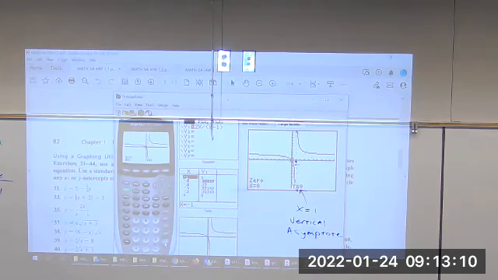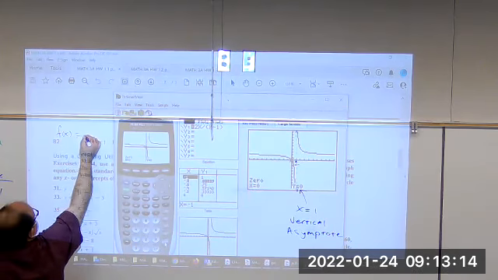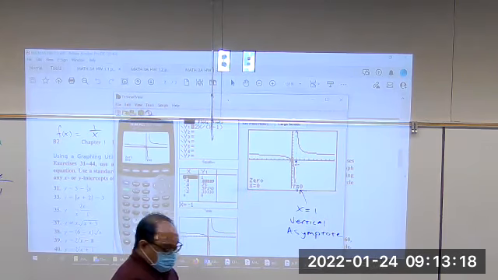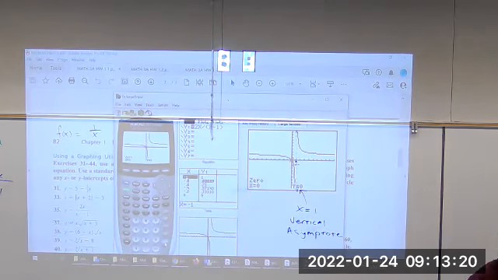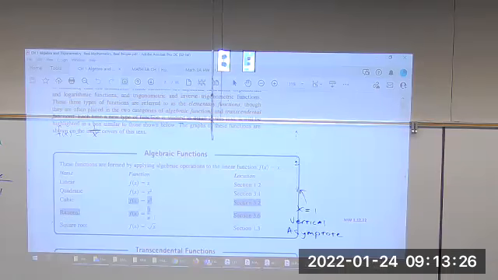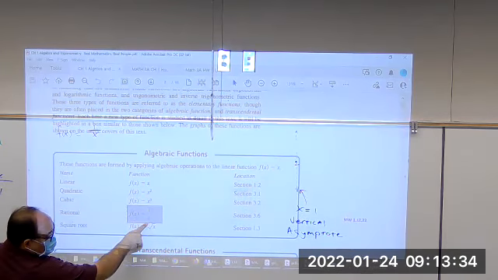What we did last week was we looked at f of x. The parent function was 1 over x. That's the one that we looked at, this guy right here. And this one has its asymptote, 1 over 0.